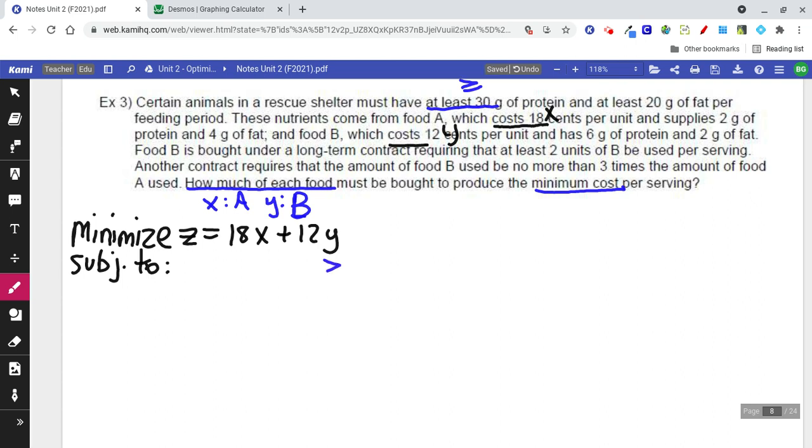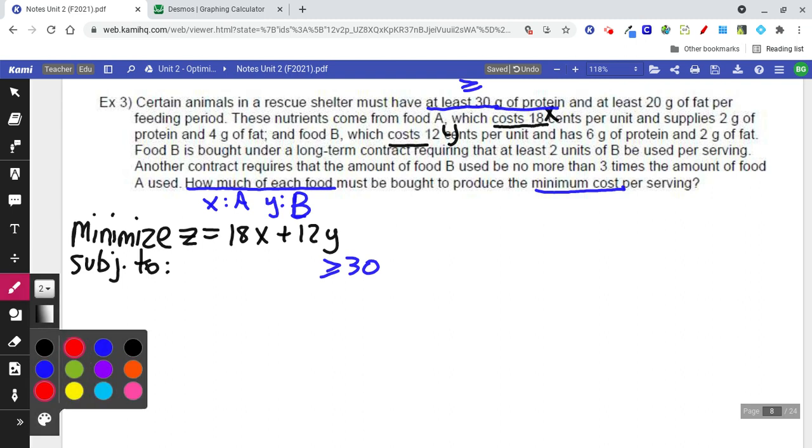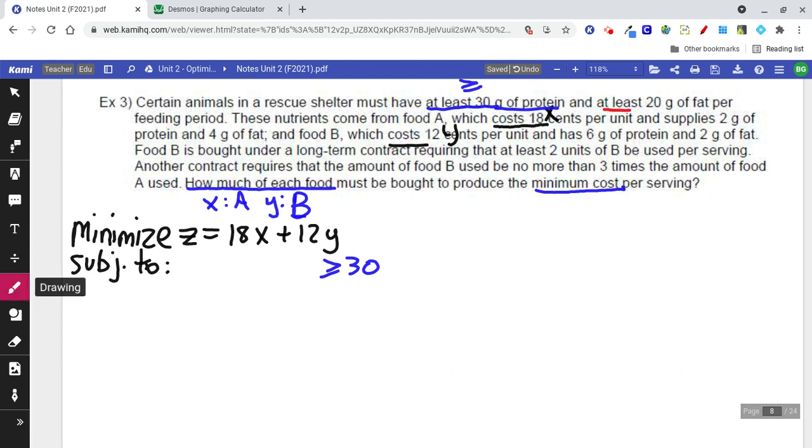So one of those constraints is going to be greater than or equal to 30, and notice it's talking about protein, so that's important. And then we're going to have another one that says at least 20 of fat, so greater than or equal to 20 for fat.